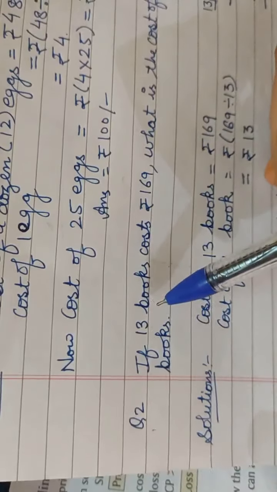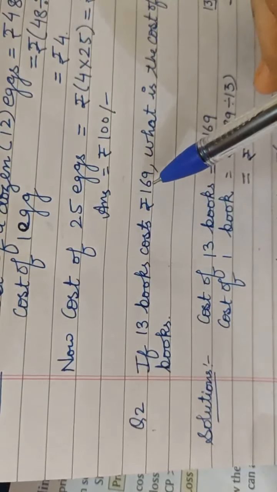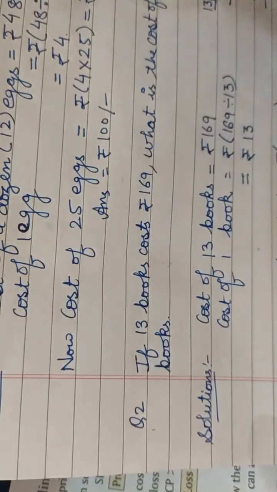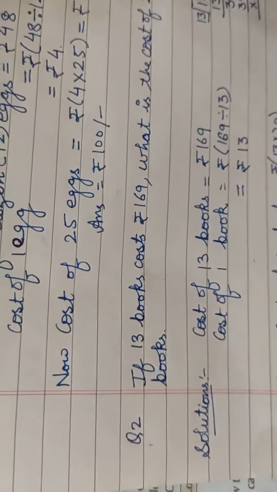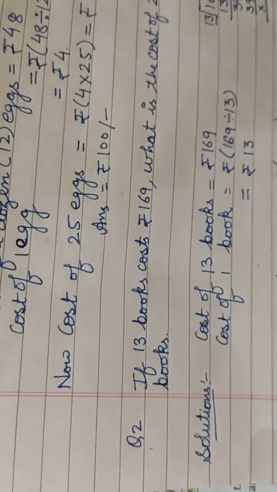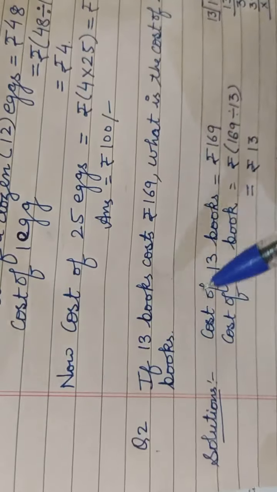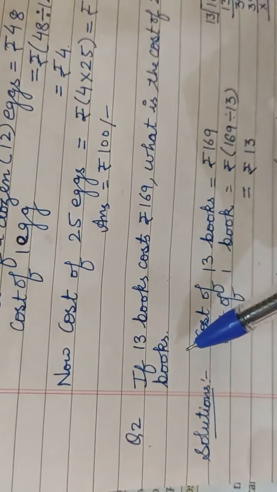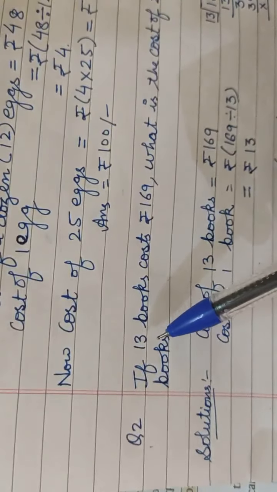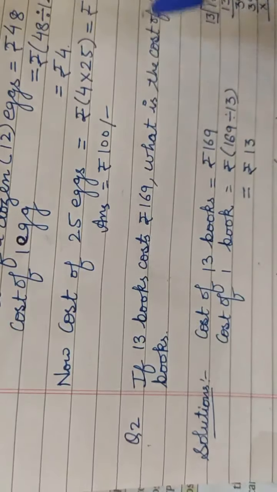If 13 books cost rupees 169, what is the cost of 20 such books? So students, the cost of 13 books is given and you have to find the cost of 20 books. It means you have to move from many books to many books.